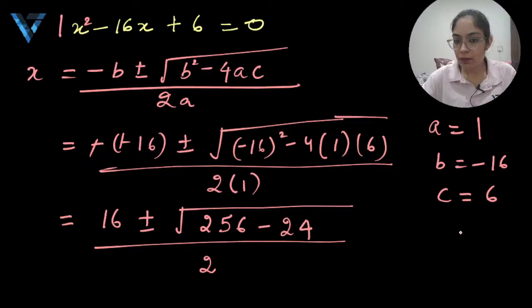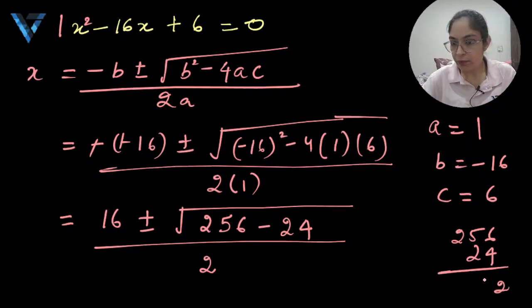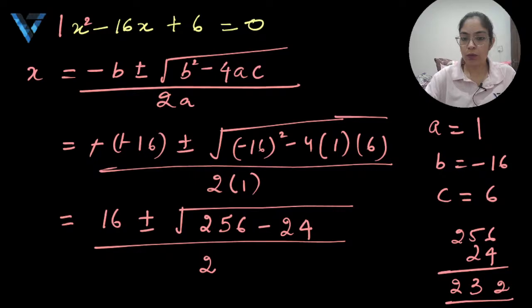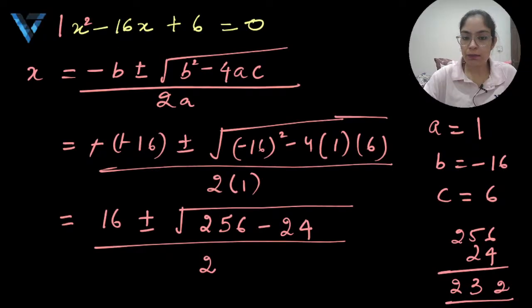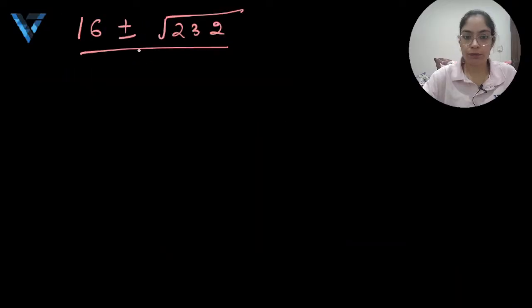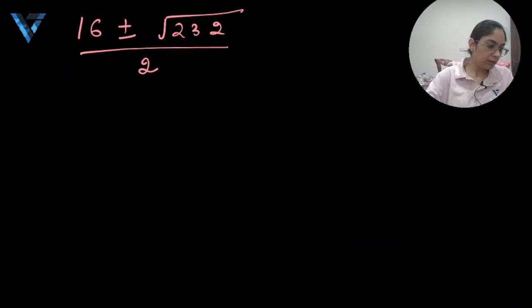Now 256 minus 24, you will get 232 here. So 16 plus minus root 232 by 2. Yes, 232 we are getting here.